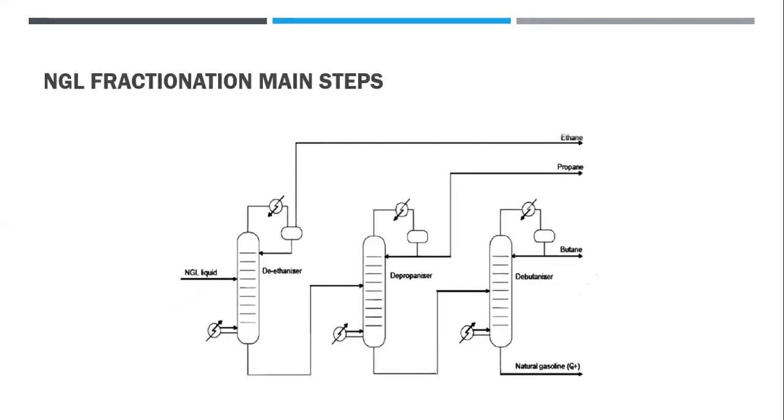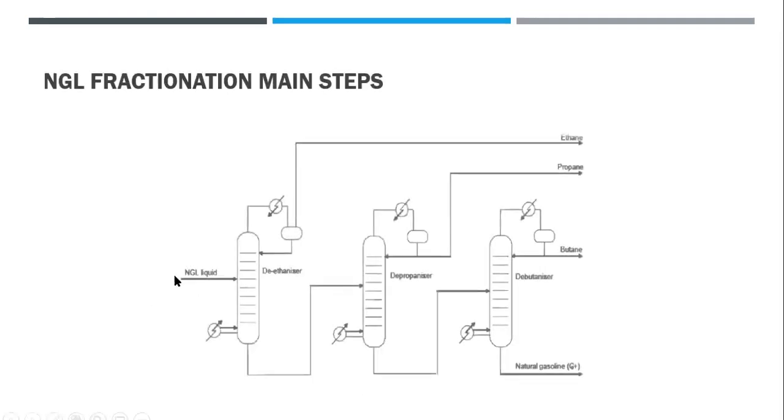The following figure is an illustration and a very simple brief of the process. As we know, the recovered NGL is introduced to the de-ethanizer to recover ethane from the top, and we obtain C3 plus from the bottom, which is introduced to the de-propanizer.